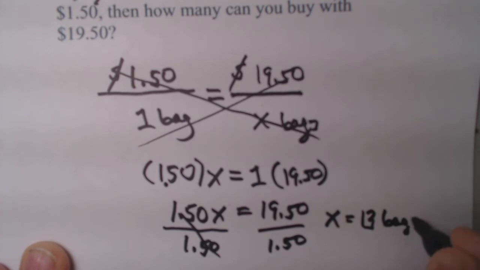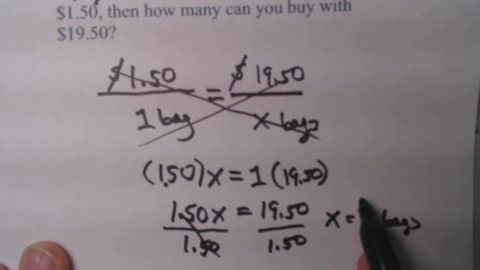Okay, so there it is. We had to divide both sides by 1.5. 19.5 divided by 1.5 gives us x equals 13. So what can we get here? We can get 13 bags.